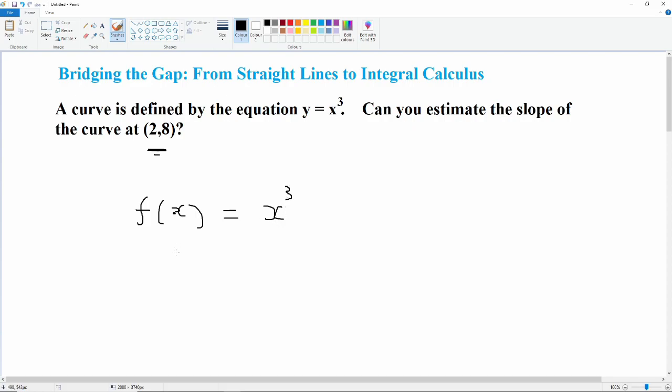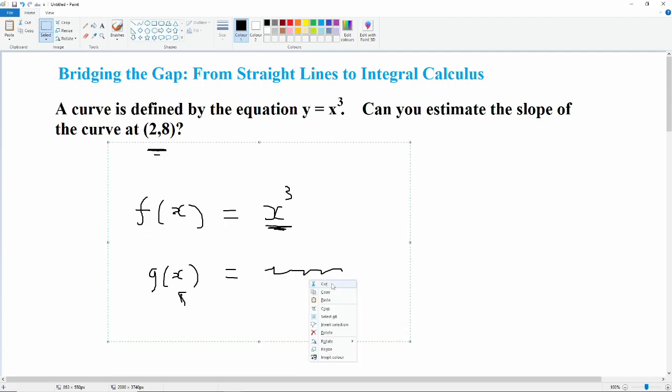It could be anything. And then we want another function, say g of x, such that if we plug the x in, it will give us some equation that will spew out the slope at that given point. That would be convenient. It would be a heck of a lot more convenient than what we've been doing.